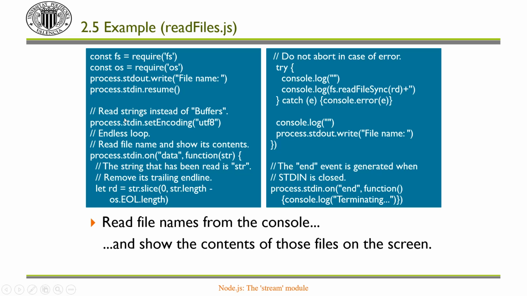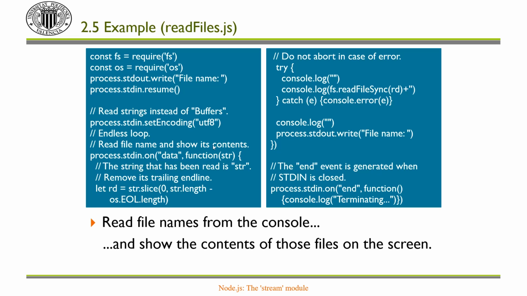We specify that the encoding for the standard input is UTF-8, and we manage data events from the standard input stream. They are each one of the lines of text that the user has provided from the keyboard.